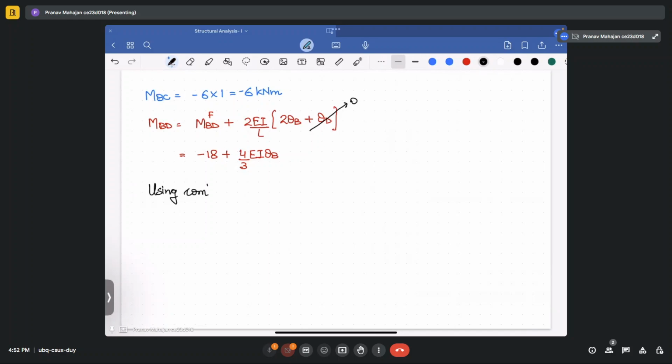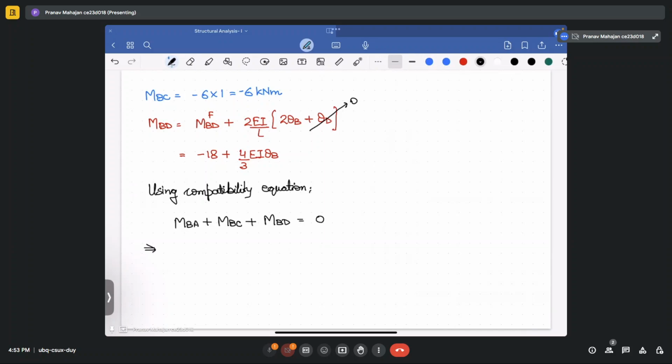Now, using the compatibility equation, the moment at support B is equal to 0. That means MBA plus MBC plus MBD will be equal to 0.